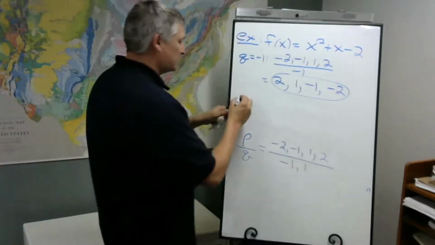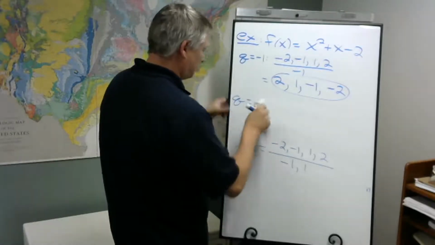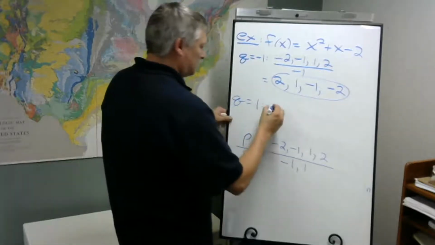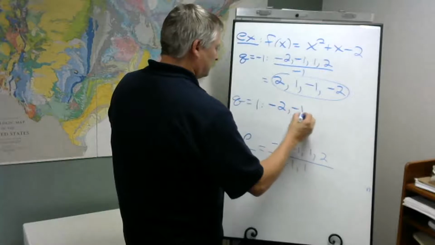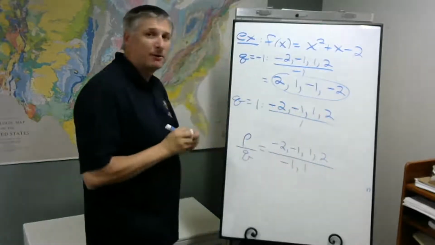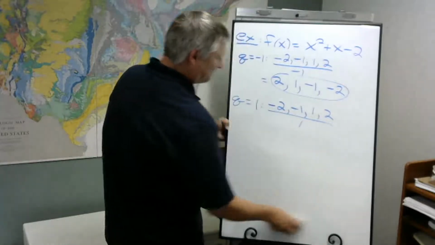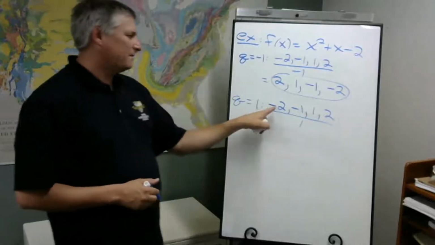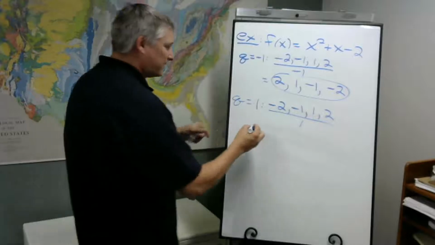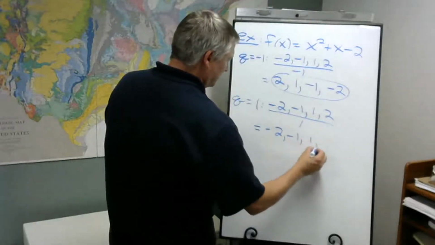Now let's consider Q as 1. So we have -2, -1, 1 and 2, all divided by 1. So again, we divide each number by 1. And what we're going to get is -2, -1, 1, and 2.